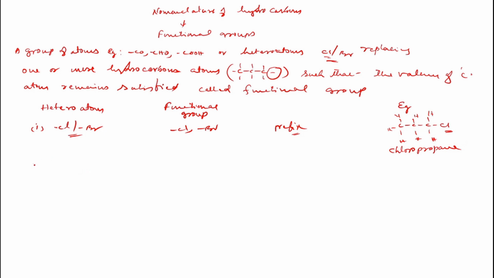Suppose I get one more group. The groups you can see: one is the alcohol group, second one is the aldehyde group, and third one is the ketone group.